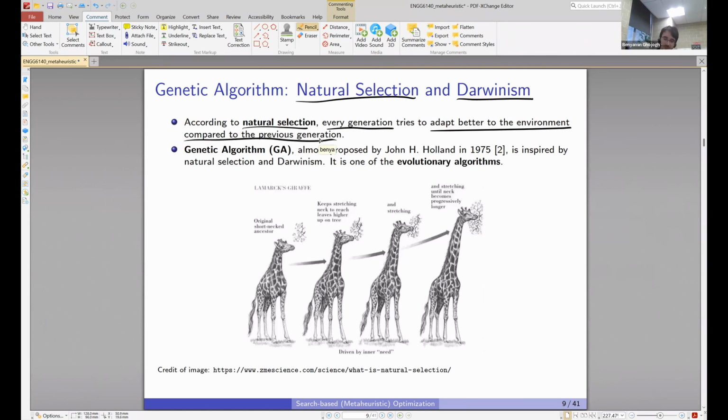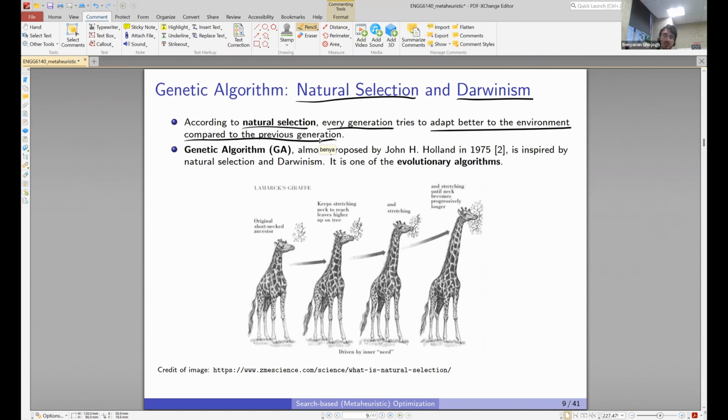It has been shown in biology, zoology, geology, and these fields of science that we have natural selection in the environment, meaning that organisms compete with each other, and they try to adapt to the environment for the sake of surviving, living and continuing their generations.